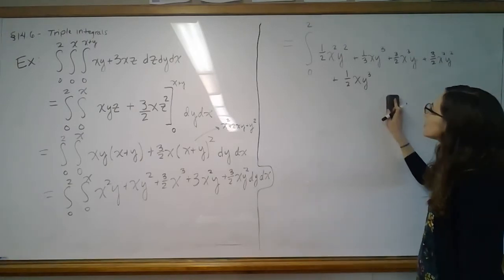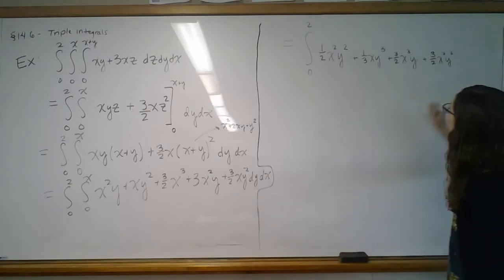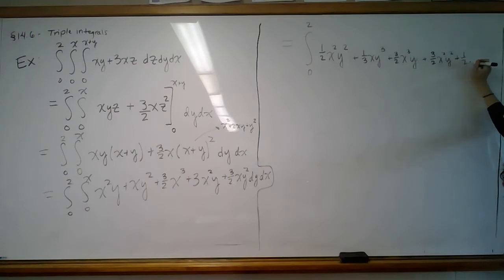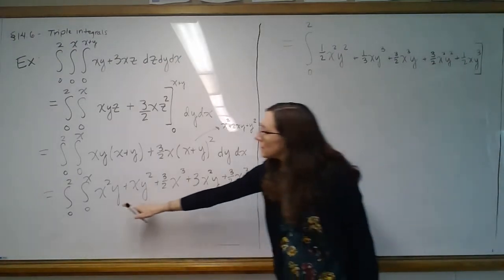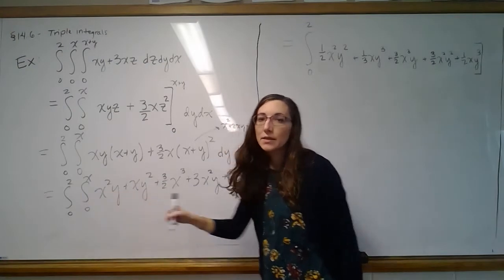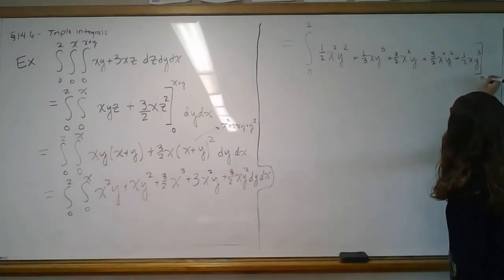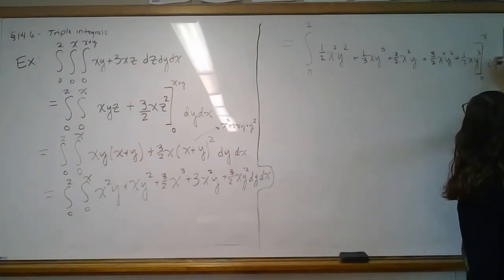Why don't I just write that in line with the other part, so plus 1/2 xy cubed. And then this is going to be evaluated from 0 to x. And we'll do this whole thing dx.